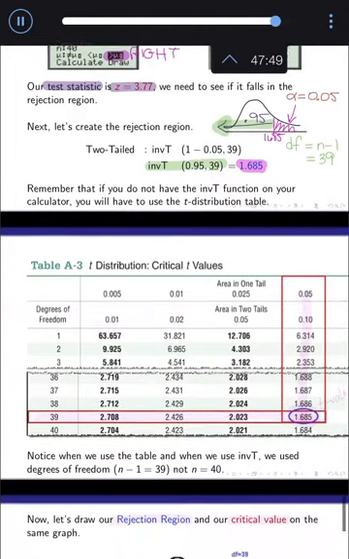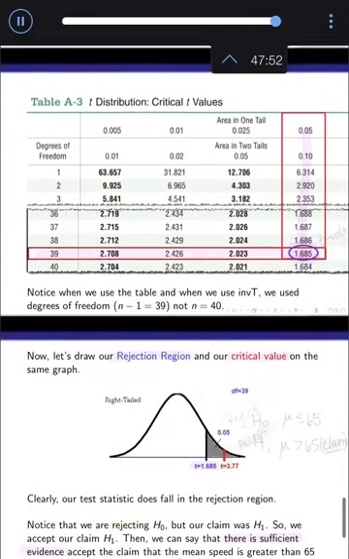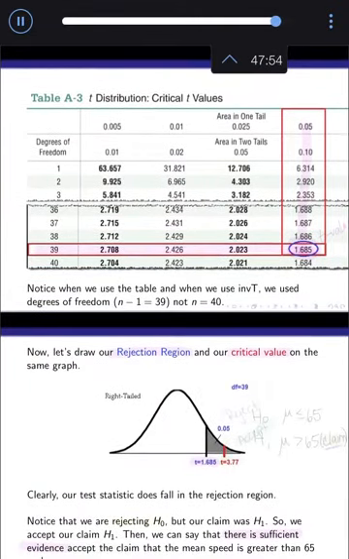Now, what if you don't have the inverse t function on your calculator? There is a t distribution table that will be available to you. If you look across the top, it asks what's the area in one tail? We have a one-tailed test, and the area in the one tail from our picture is 0.05. You also need the degrees of freedom, which we said was 39.